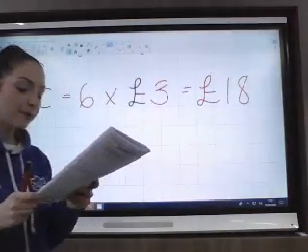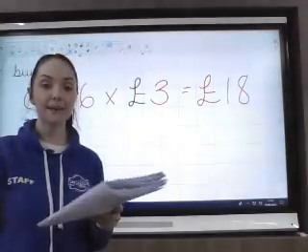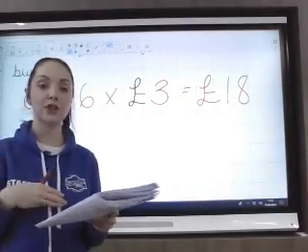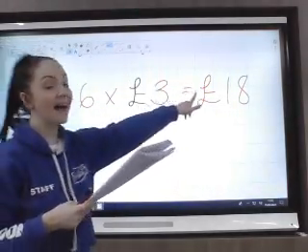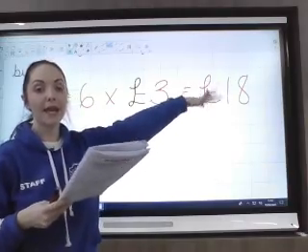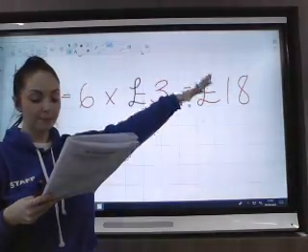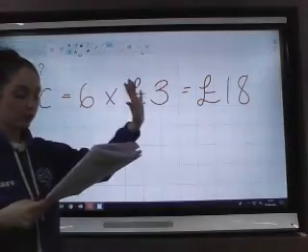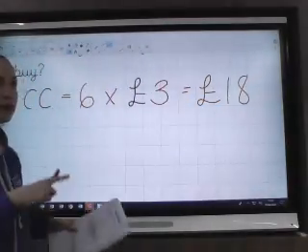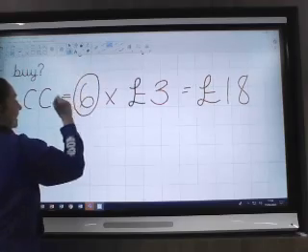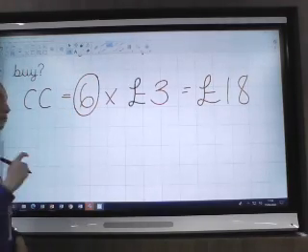Okay, but remember it said she bought 3 times as many Collins Crunch as she did CG Perios. So we're going to have to divide this by 3. Sorry, 6 divided by 3, not the amount. So 6 divided by 3 is 2.